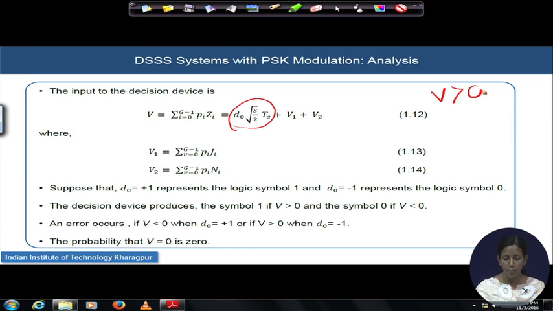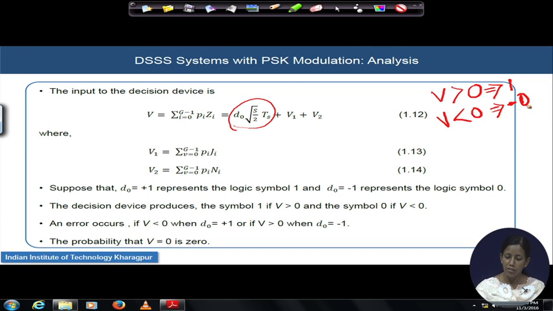So, if the value of V input to the decision device is greater than 0, the decision will be that the transmitted symbol was 1, and if the decision device input value V is less than 0, then the decision device will tell that the signal was transmitted as minus 1, basically 0.